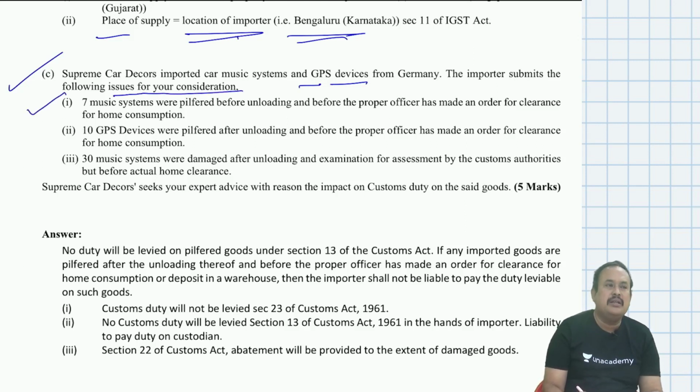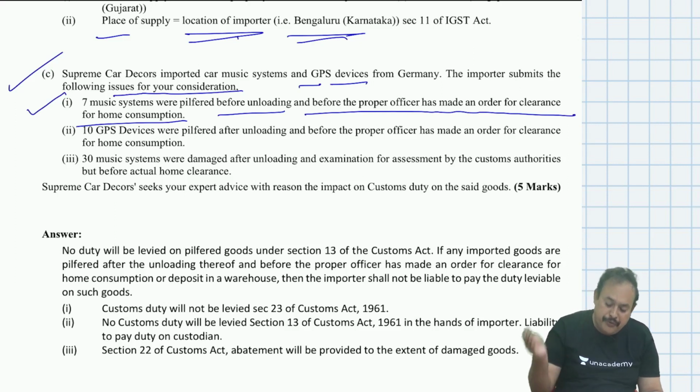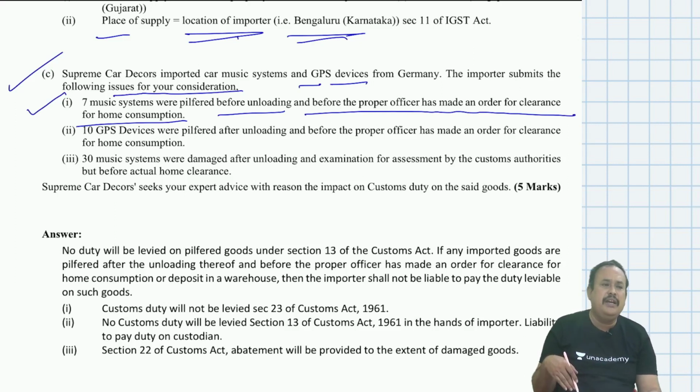Point number 1: 7 music systems were pilfered before unloading and before the proper officer made an order for clearance for home consumption. Before unloading.